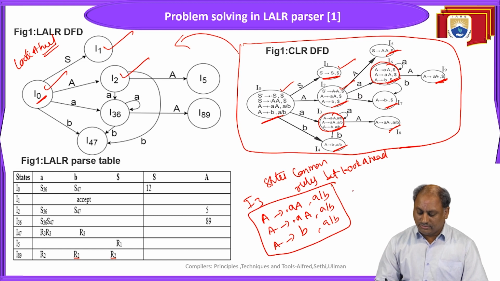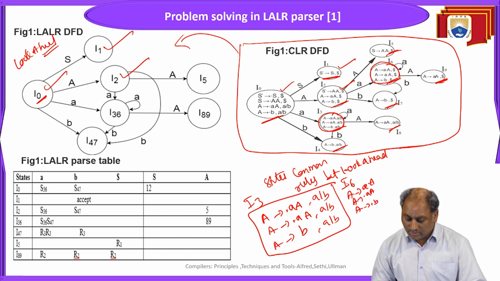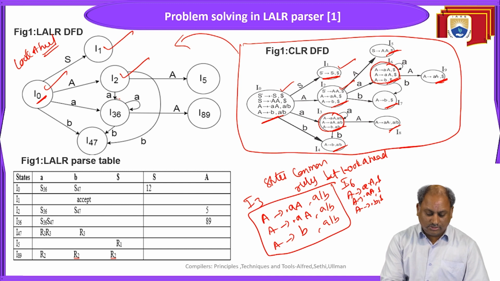Whereas I6 also contains the same, but the look-aheads are different: here it is A derives small a capital A dot B, with look-ahead dollar only. Remaining things are the same. So the states are to be written combined as I3, 6.